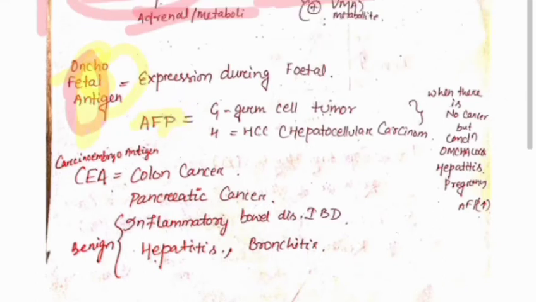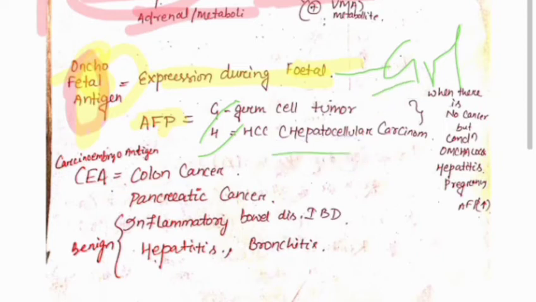AFP has two varieties. You can understand that the oncofetal antigen is expressed during the fetal period. During the fetal period, the fetus has the tendency to grow. So which hormone is required? That is growth hormone. You can write it this way: G for germ cell tumor, H for HCC, hepatocellular carcinoma.